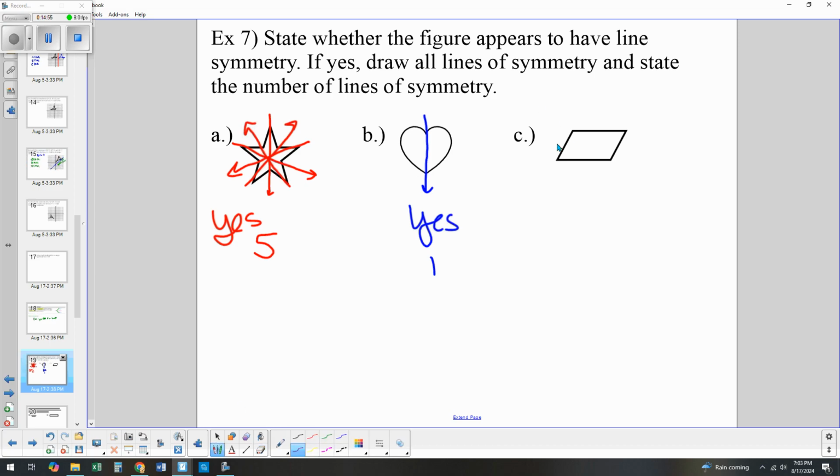And if we tried to maybe go this way, they're the same length, but they're not going different directions, right? If that's kind of going like that, that should have been going a little more down like that to be considered symmetry. So this figure does not have line symmetry, right? It's fine if a figure does not have line symmetry. There's no way we could fold this picture onto itself.